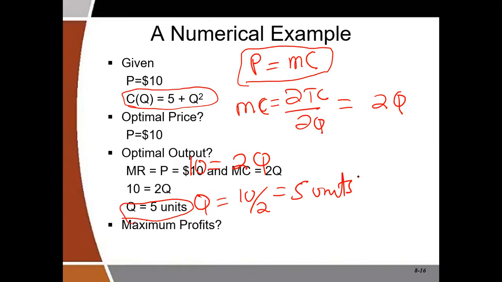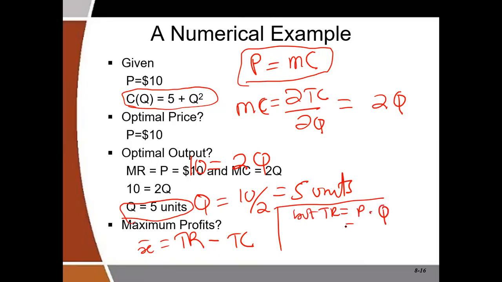Now, if you want to check maximum profit, it is found by simply putting the number of units that maximize profit into the profit function. So profit is simply total revenue minus total cost. Total revenue is price times quantity, which is 10 times 5, that will be 50 cedis.